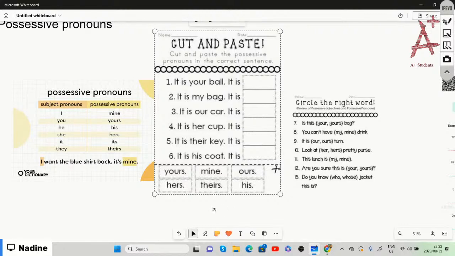We're going to reread the sentence, and then choose the correct possessive pronoun to match the sentence that is being given. So it is your ball. If it is your ball, then we can say that it is yours.